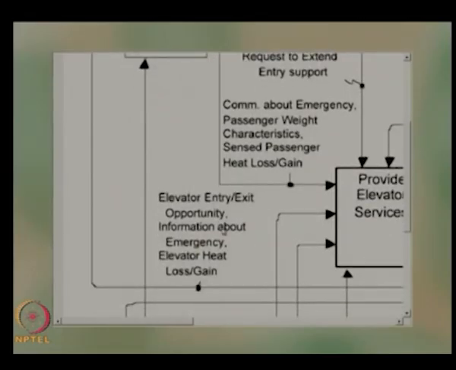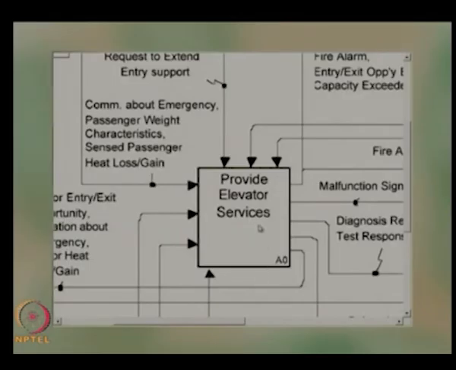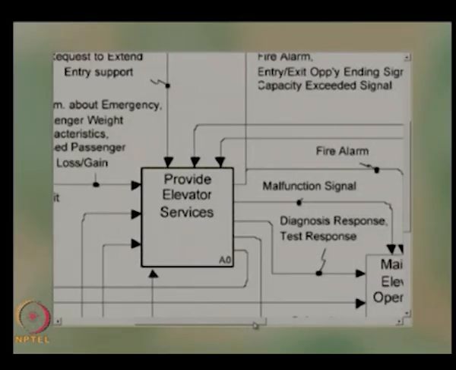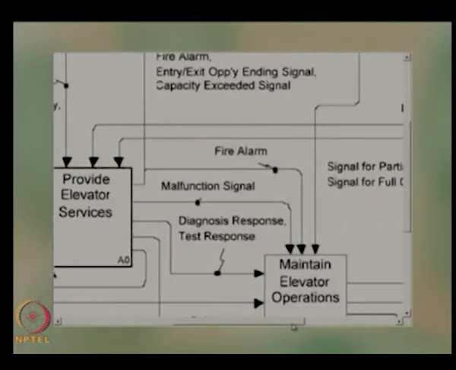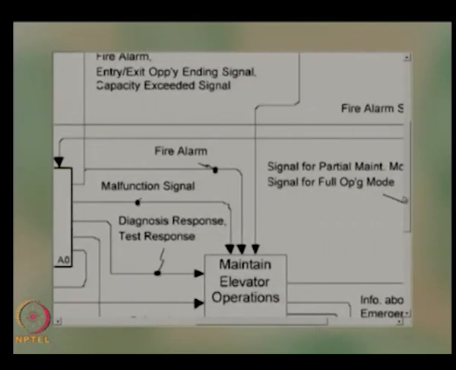Then again we have the entry exit opportunity, information about emergency, elevator heat loss gain, again given as feedback from the elevator back to this system, so that there is a two-way communication, an input as well as output from the elevator system. Similarly, you can see that there are different kinds of input and output for each subsystem.